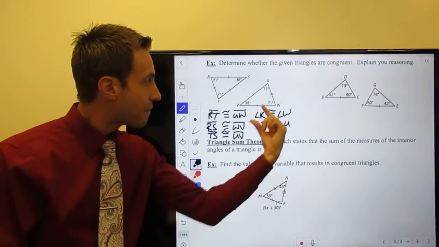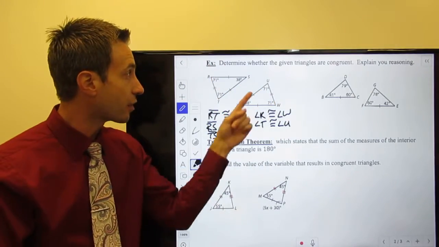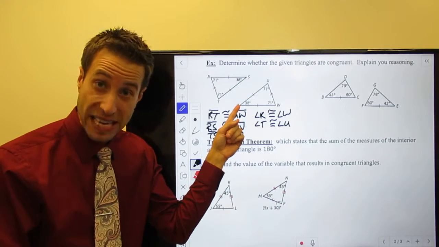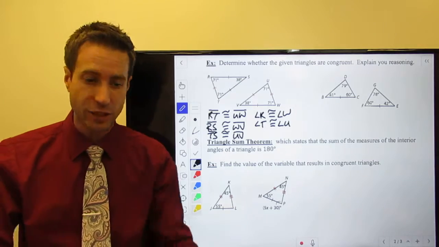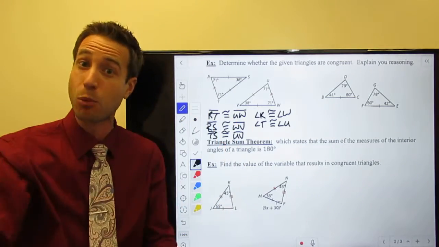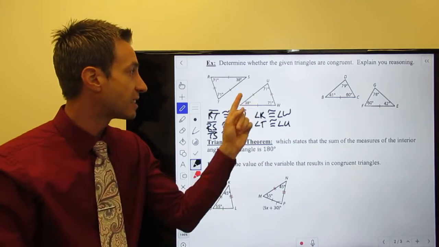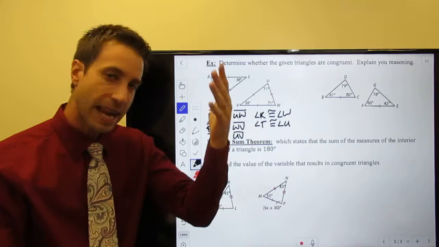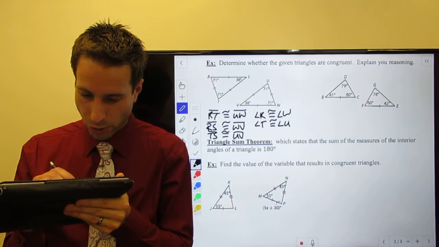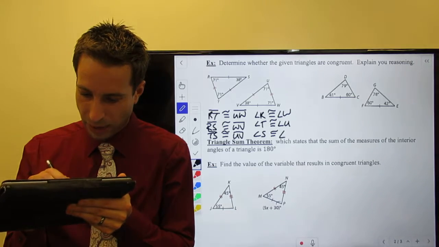If I lay these two triangles on top of each other, angle S and angle V would be corresponding angles, the two angles that would match up. Well, 38 and 38. So those are also congruent. Angle S is congruent to angle V.